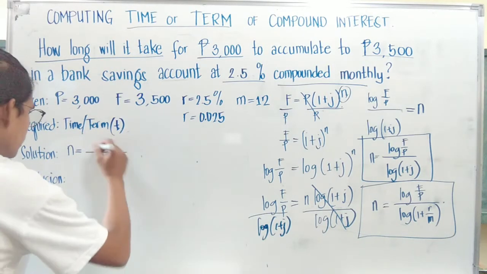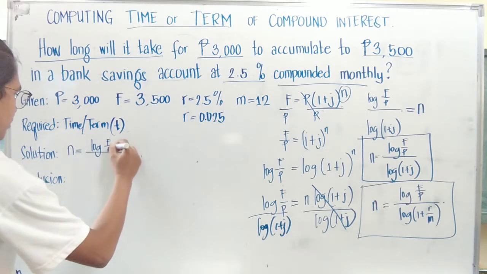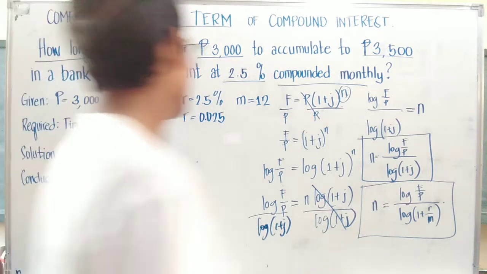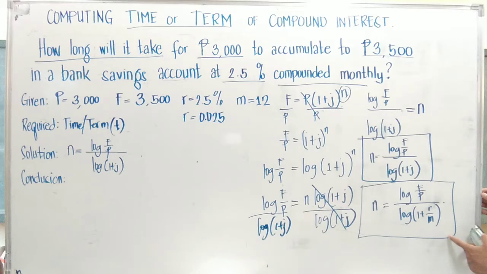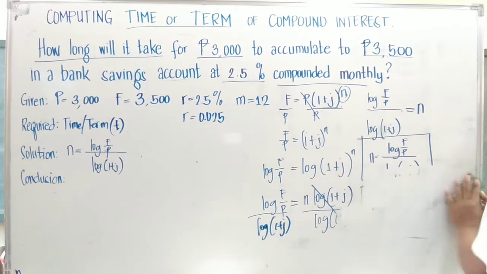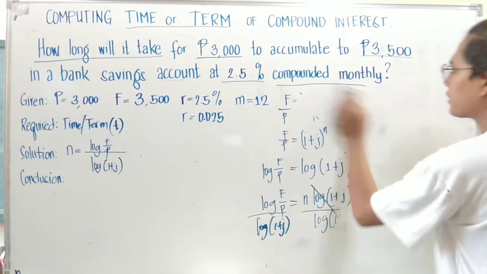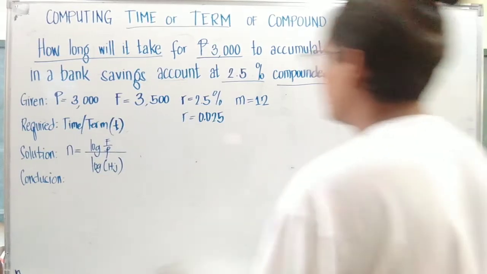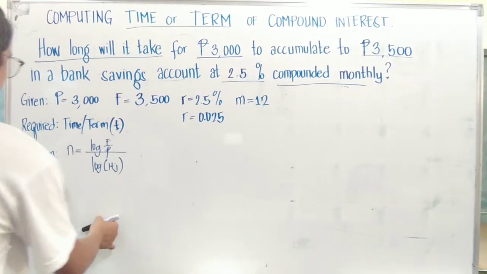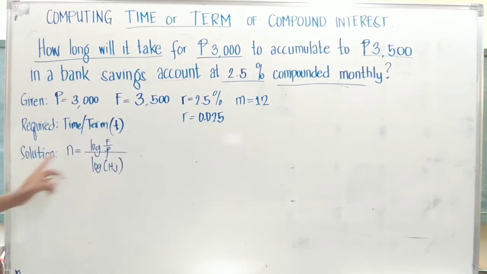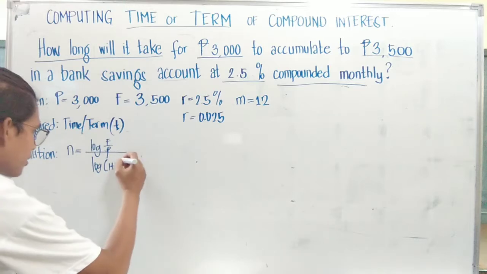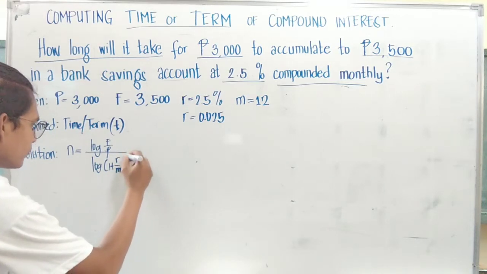So n equals log of F over P over log of the quantity 1 plus j. Take note of this equation. Or shall we say j is equal to r over m.